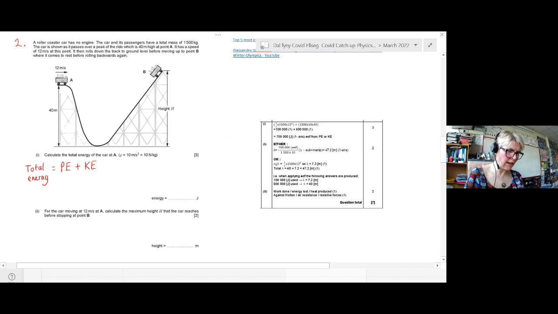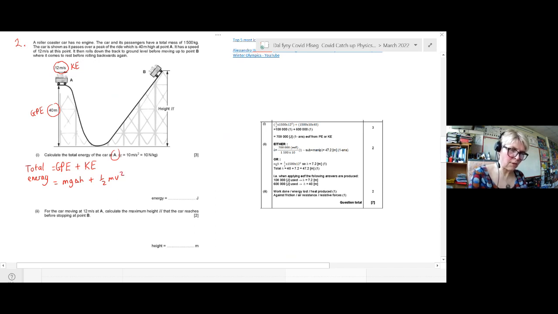So the total energy of the car at A is given by, now look, this is the key: it's moving, so it's got kinetic energy, and the fact that it's at a height, it's got gravitational potential energy. So the total energy of the system at the top will be both of those things, and they haven't told you to use an equation here. They're just expecting you to be able to do it. So mgΔh plus half mv squared.